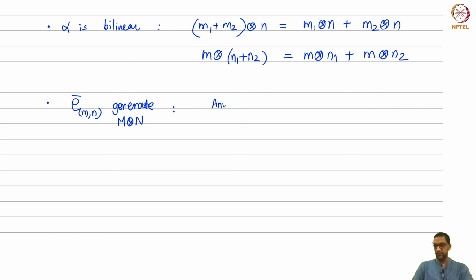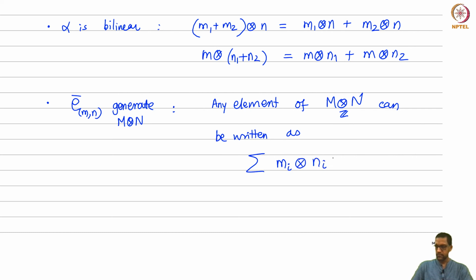So this is therefore saying any element of M tensor N, this module which is T, can be written as a finite sum of terms like this, where the m_i's are in M and the n_i's are in N. Okay, why is this?